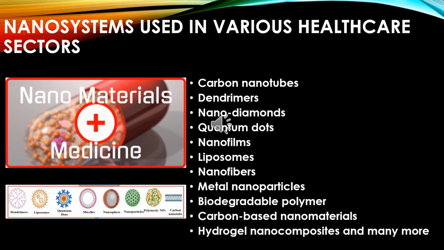Coming to the next one, that is nanodiamonds. This nanostructure consists of a single diamond crystal with carbon in sp3 configuration. It is made up of pure carbon. The particle size approximately ranges from 4 to 5 nanometers. They are very hard, very chemically inert, have very high thermal conductivity, and are biocompatible in nature.